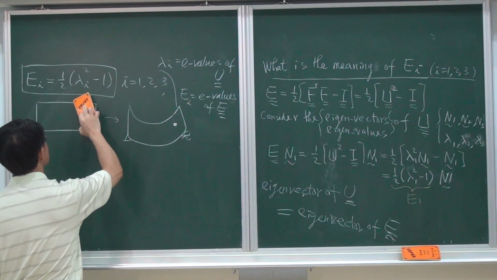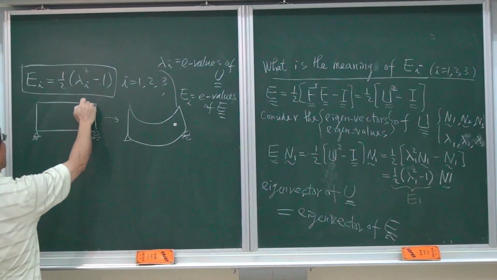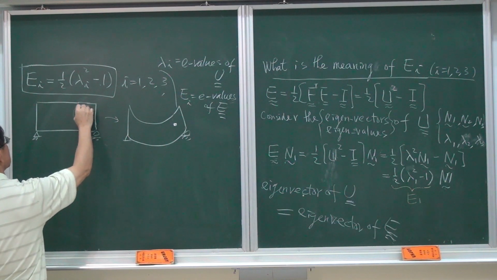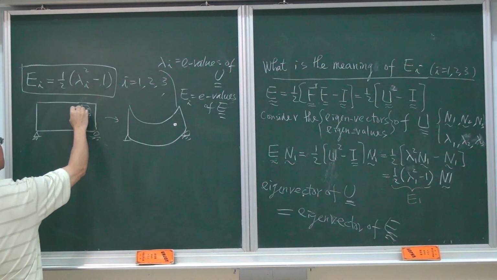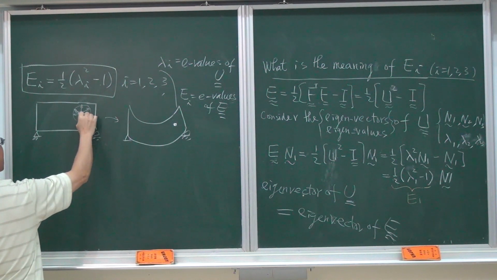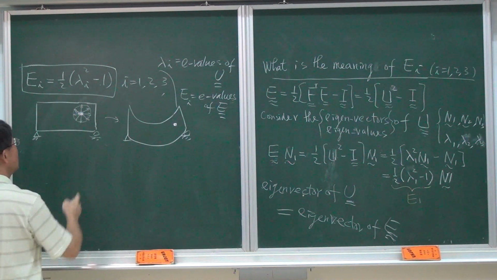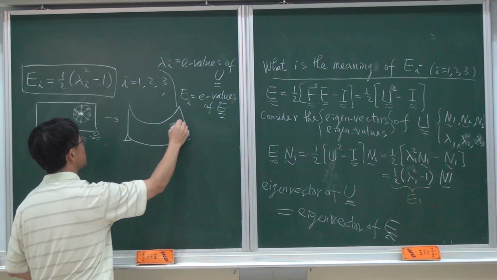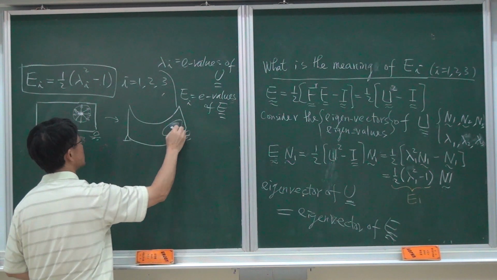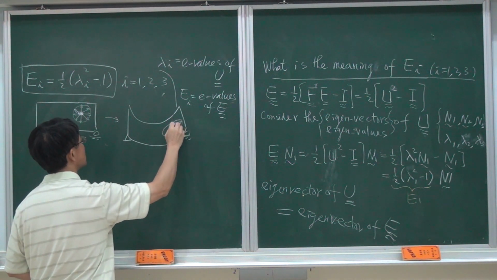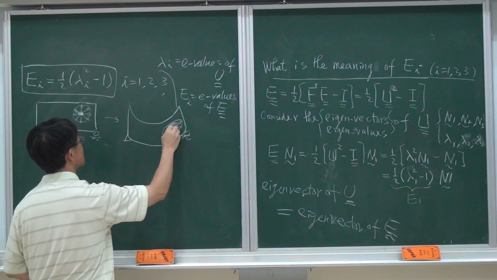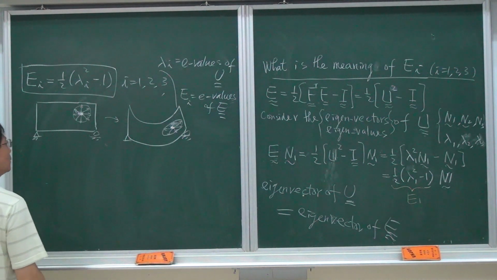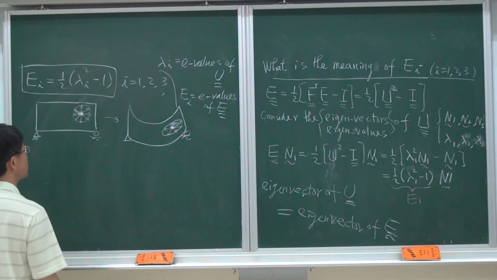Then we consider some material lines around this material point, and this material line will be deformed into what? Into an ellipse. Okay, like this. We have this picture before.